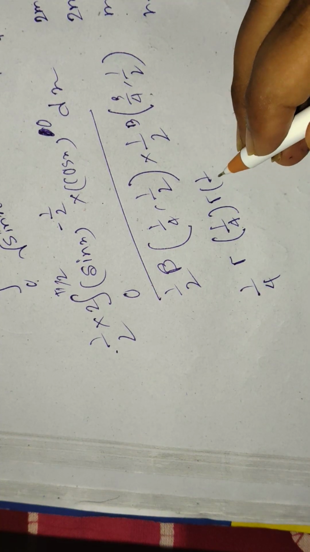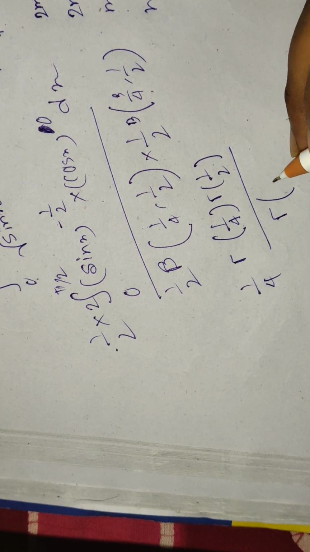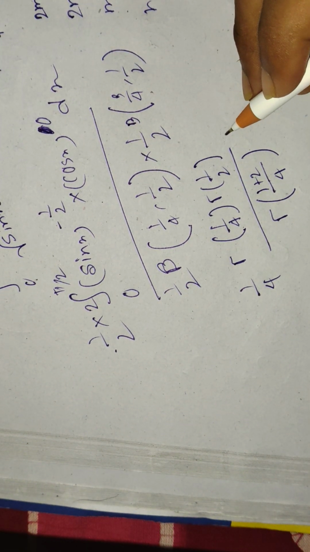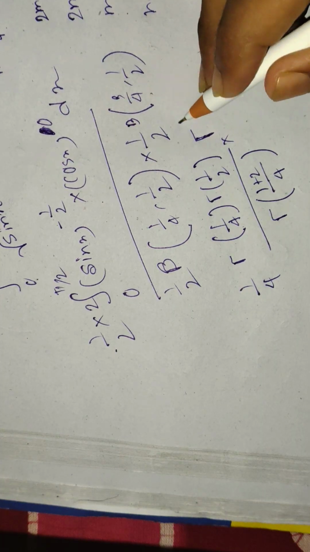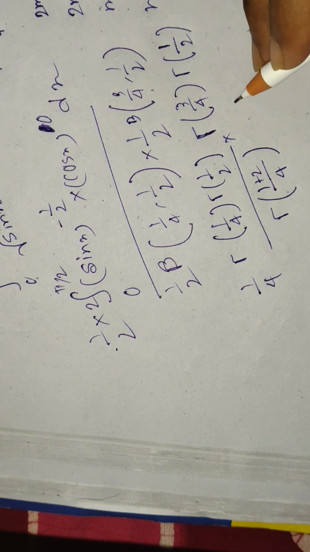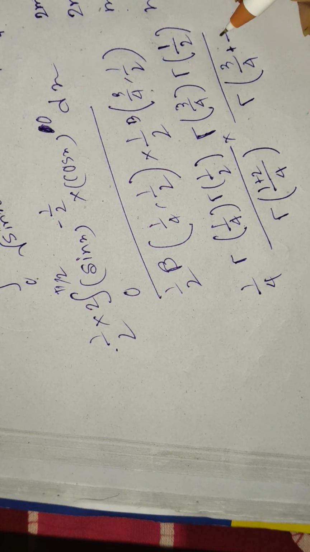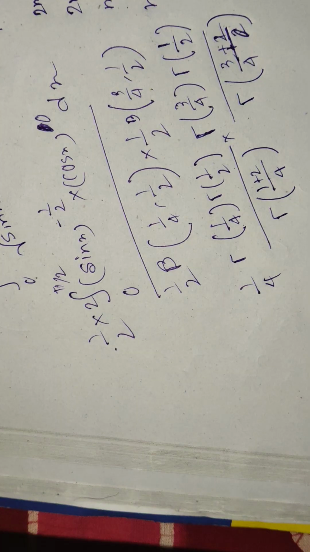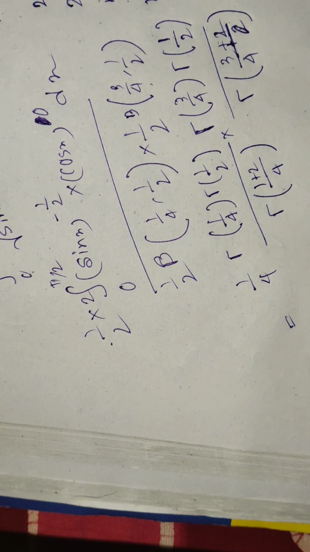So this is gamma(1 by 4) into gamma(half) divided by gamma(1 by 4 plus half), which is gamma(3 by 4), into gamma(3 by 4) into gamma(half) divided by gamma(3 by 4 plus half). I'm doing simple algebra.